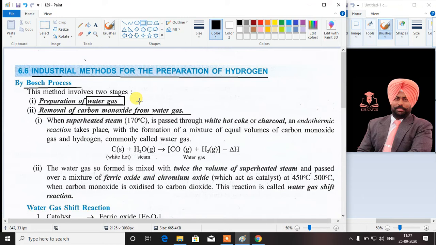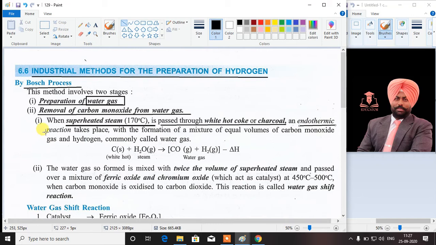So in the first point, we are going to prepare water gas for the preparation of hydrogen gas in industries. For the preparation of water gas, superheated steam, at about 170 degrees Celsius, is passed over white hot coke or charcoal. When superheated steam is passed over the white hot coke or charcoal, an endothermic reaction takes place.